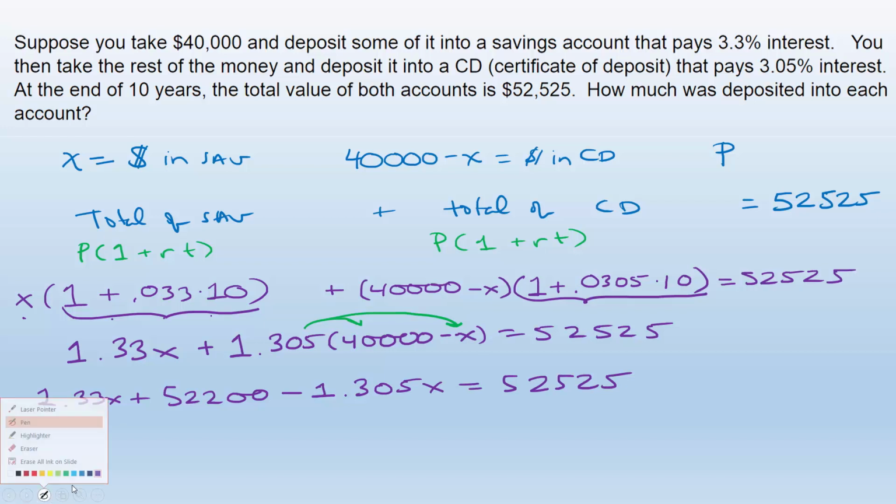Okay. So now this term has an x and this term has an x. So if I combine those together, 1.33x minus 1.305x is 0.025x.